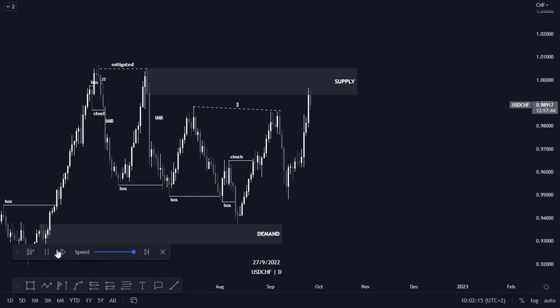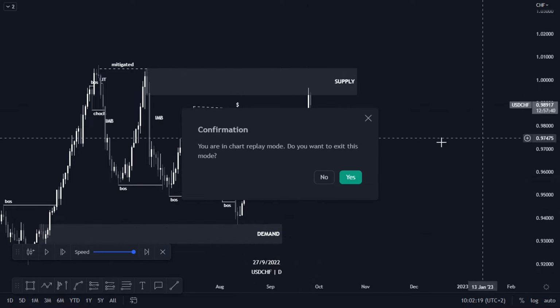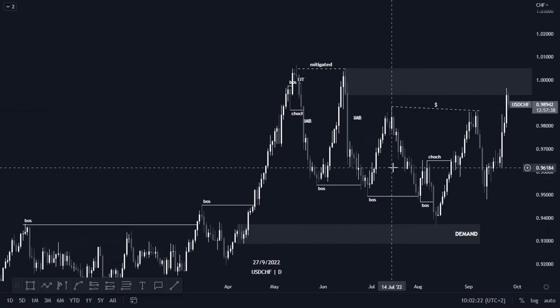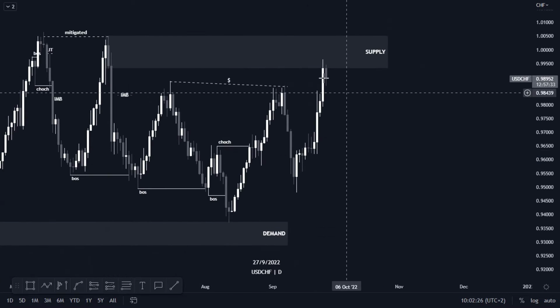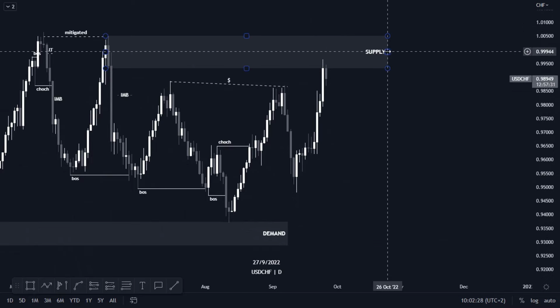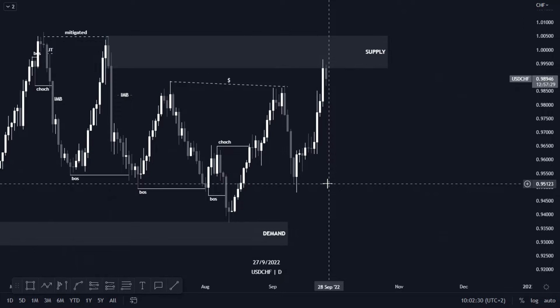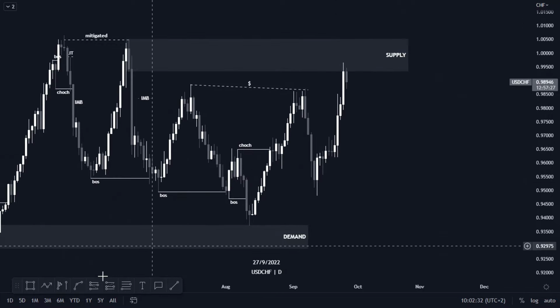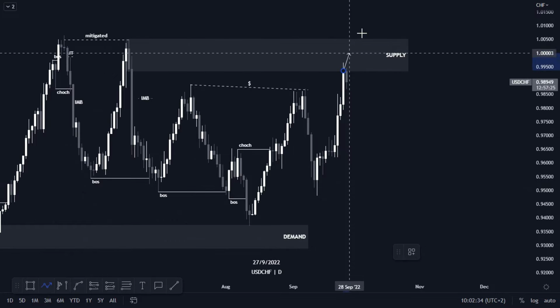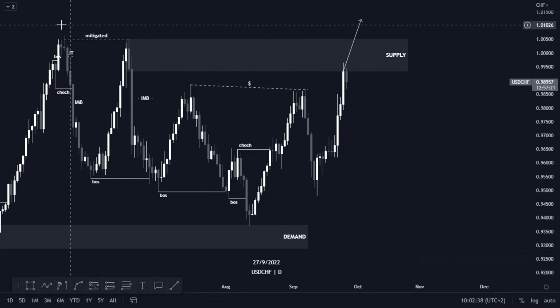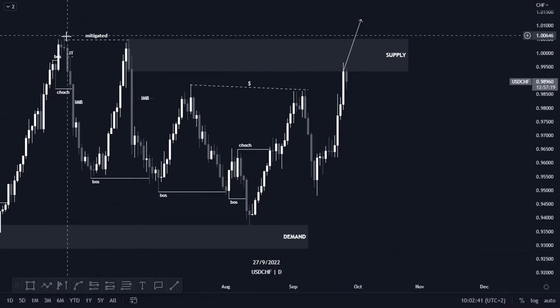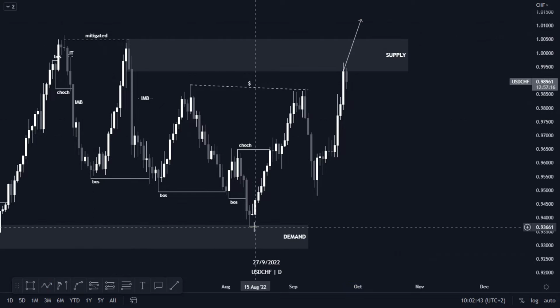Okay, let's just wait for the market. I think the market is at this current time now. Okay, now we have this supply area here. So now what I'm expecting USD CHF to do is to break this, clearing all the liquidity above this high here and creating a breakout of structure.